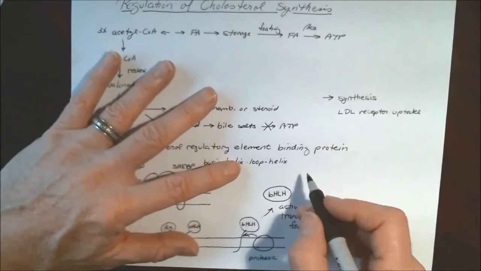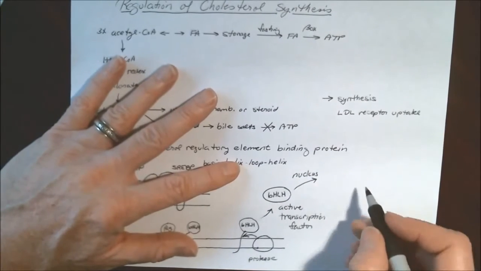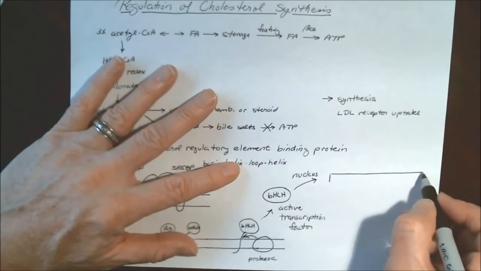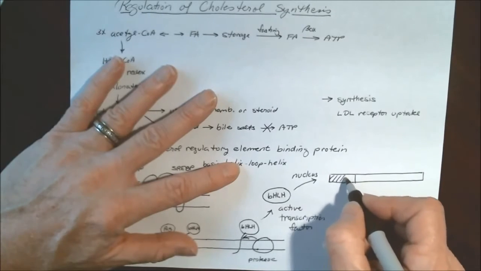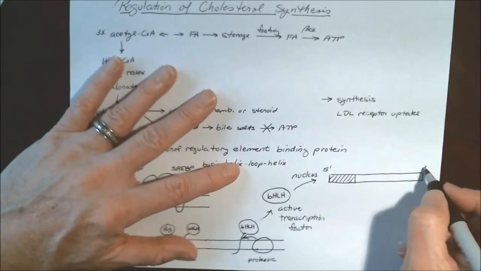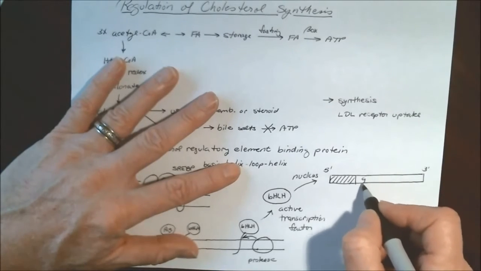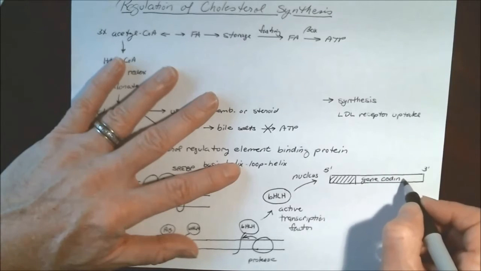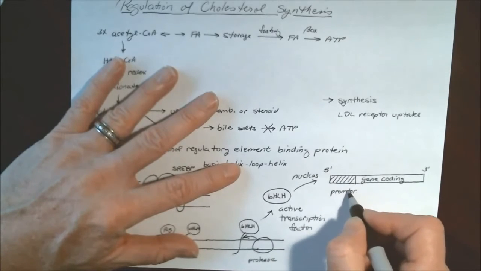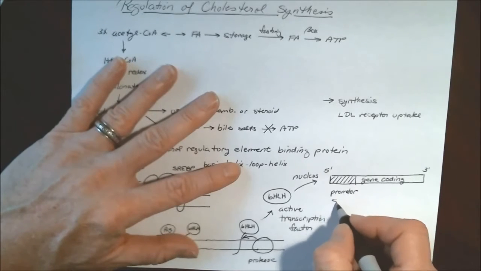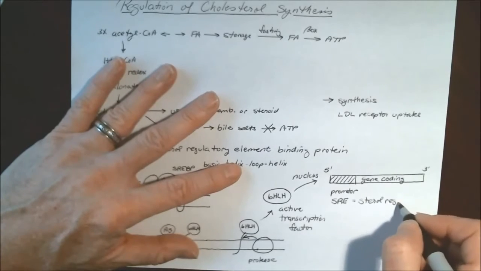This is a factor that now can enter the nucleus and bind to promoter elements that are upstream or 5' from genes, if this is the gene coding region, this is the promoter element, and this promoter happens to be called the SRE, which is the sterol regulatory element.